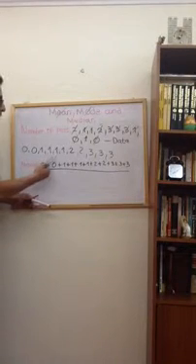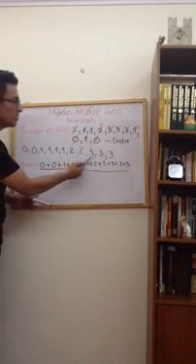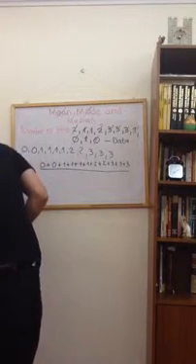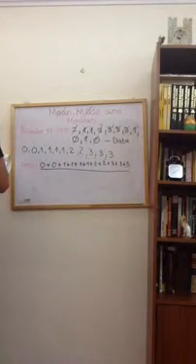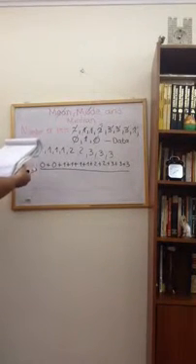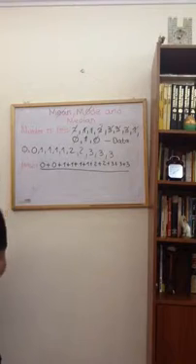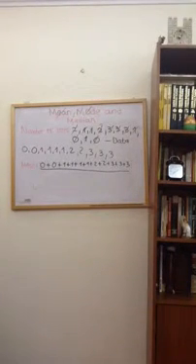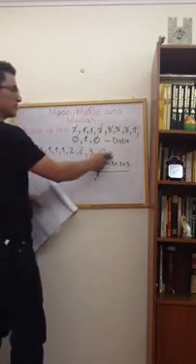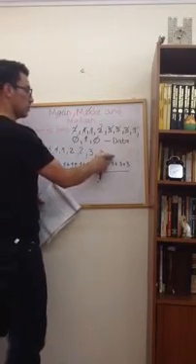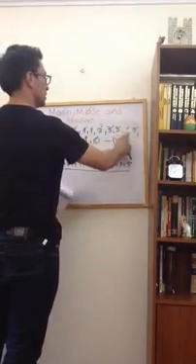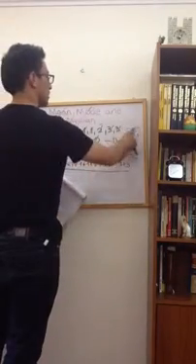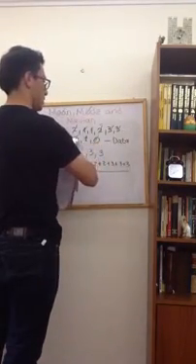1, 2, 3, 4, 5, 6, 7, 8, 9. Wow. Hold on a second. I have to see. This is a mistake. Oh, wait a second, I made a mistake here.